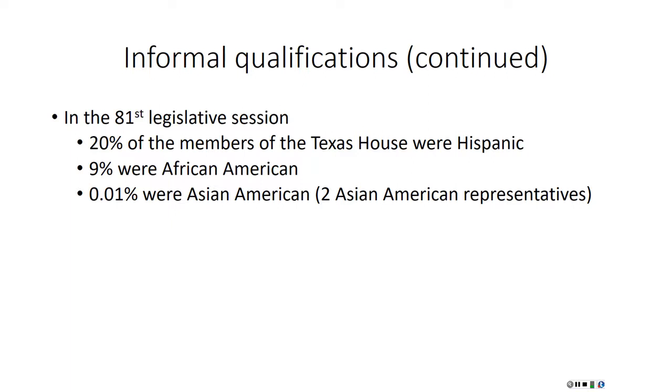That means 71% of the House is Anglo, non-Hispanic white, while only 47% of the Texas population is non-Hispanic white. What about gender?